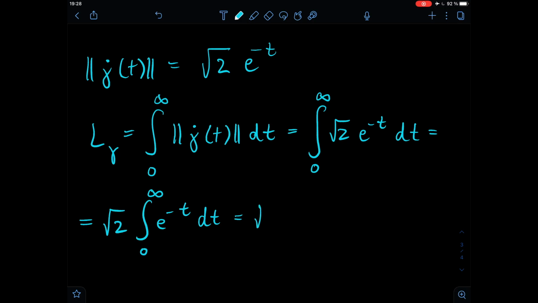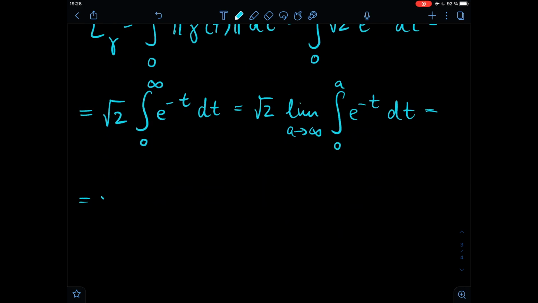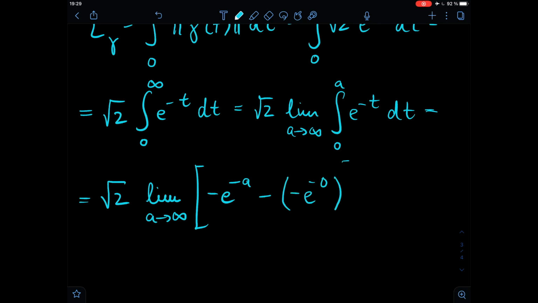So what we do is square root of 2 times the limit of a going to infinity times the integral from 0, this time not to infinity, to a of e to the power of minus t dt. And this is quite simple, because we just need the antiderivative of e to the power of minus t. So we have square root of 2 times the limit of a going to infinity. And now we have minus e to the power of minus a, and then minus minus e to the power of minus 0.